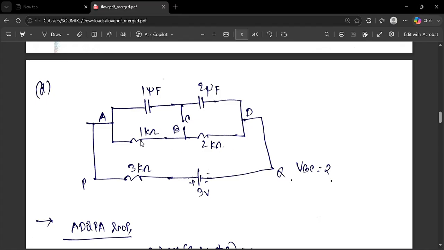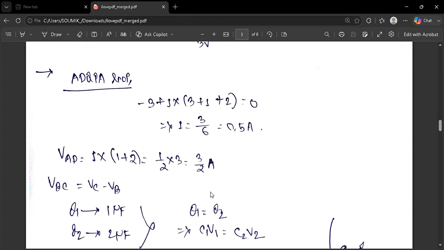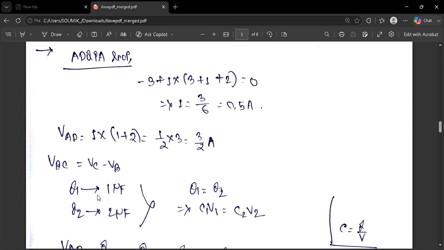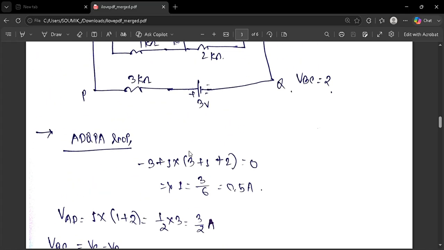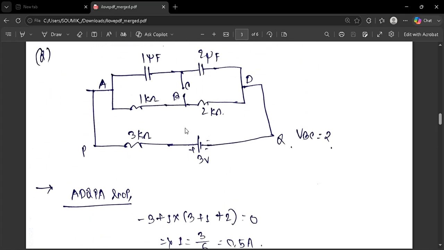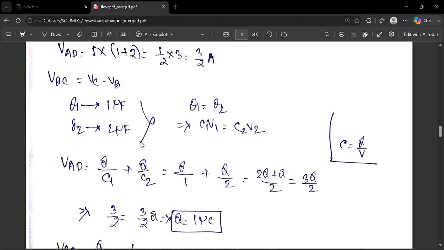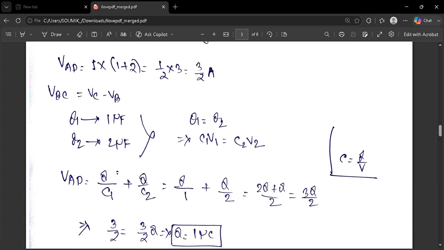VAD is basically the potential difference between points A and D, that is I into 1 plus 2. That is VAD. The charge of the first capacitor is Q1 and the charge of the second capacitor is Q2. As these two capacitors are in series, Q1 is equal to Q2. And we can find VBC by this equation. Okay, what is VAD?